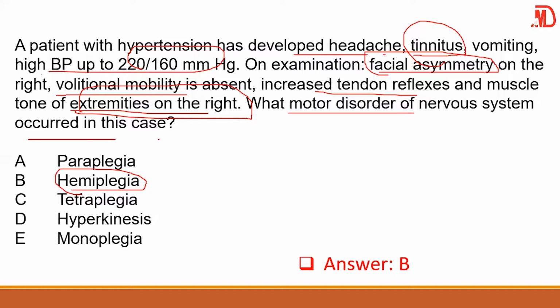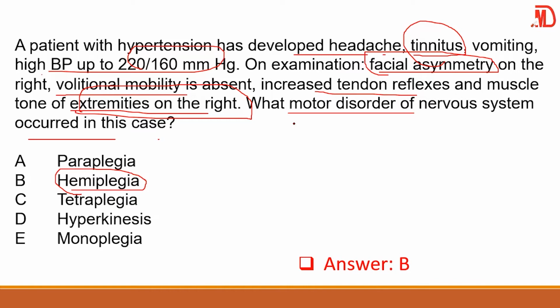Now, what condition can cause paralysis? What condition in the brain, as a result of increase in blood pressure, can cause this to happen? Can it be a stroke? Exactly. Stroke. High blood pressure can lead to stroke. Very, very important. And there's even a mnemonic to classify something as a stroke.